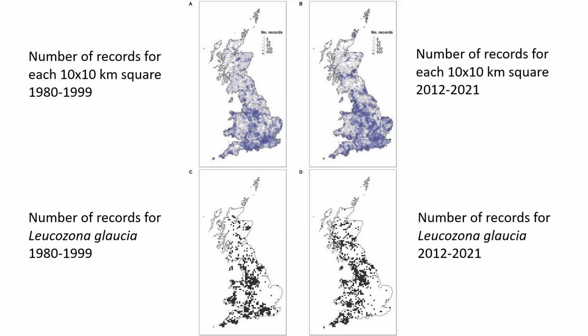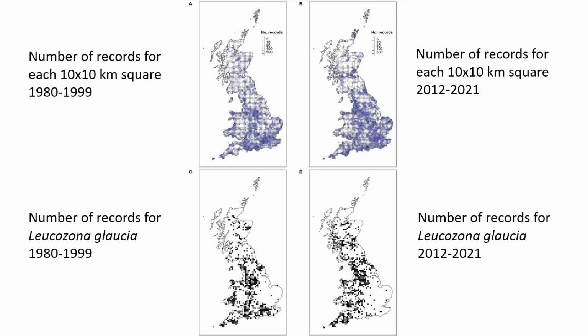Best to ignore the top two maps and concentrate on the lower two. The one on the left shows the older records from 1980 to 1999, and you can see that it was absent from large parts of eastern England and East Anglia, but now it's also disappeared more or less from southeast England, parts of central southern England, some parts of the West Country.